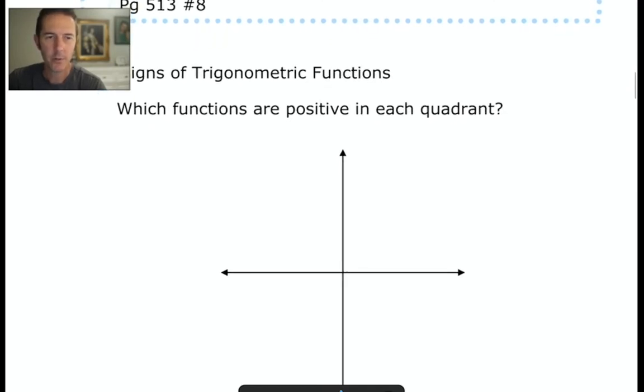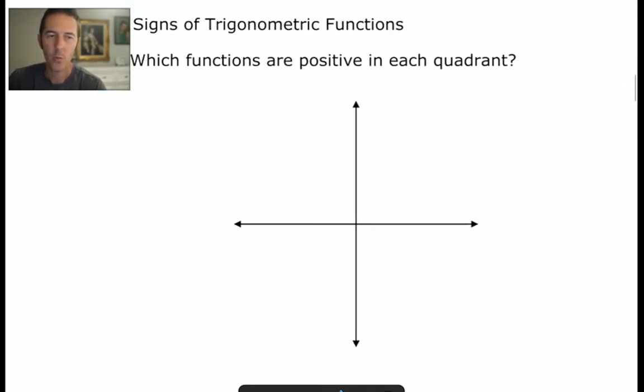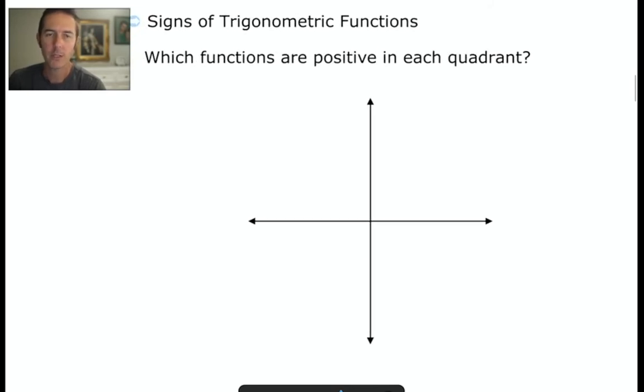Signs of trigonometric functions. So if you went through and you looked at and evaluated a lot of trig functions, even if you just evaluated the sine function for an angle measure that's in the first quadrant and in the second quadrant, and then one in the third, one in the fourth, and so on, you went around and around and did that for sine, cosine, and tangent, and the reciprocal functions, you could make yourself a list.